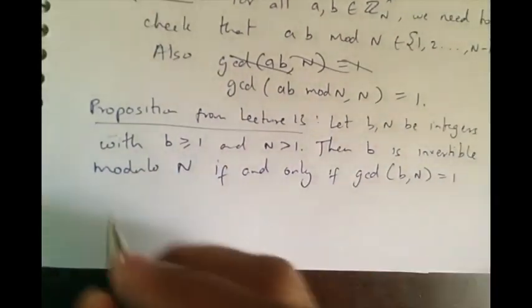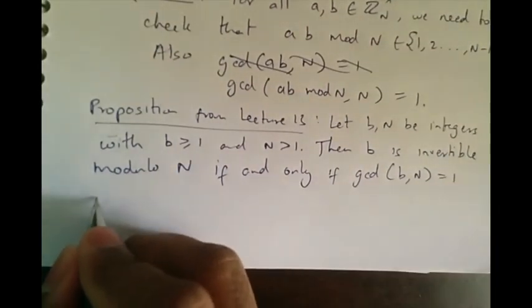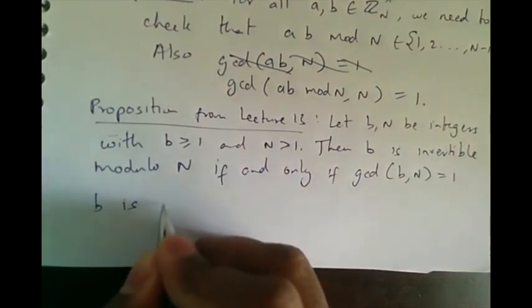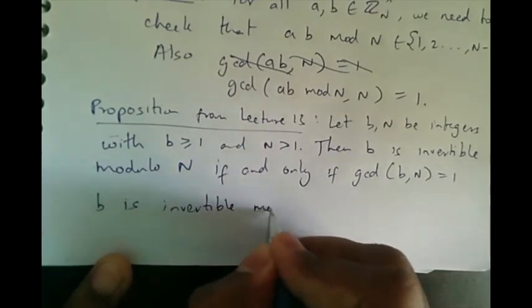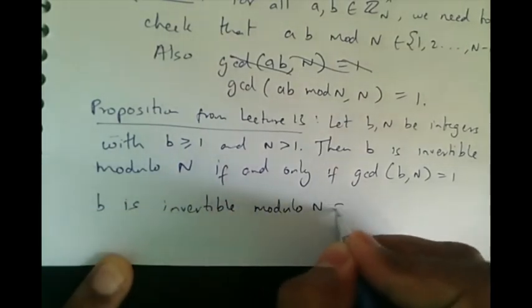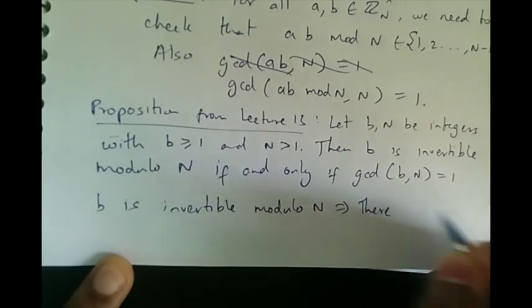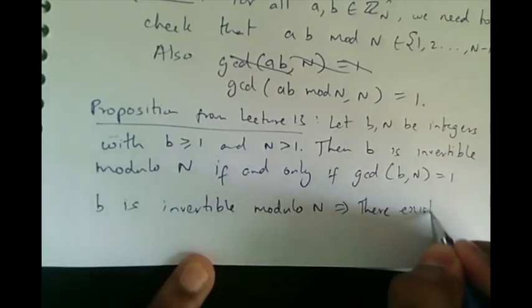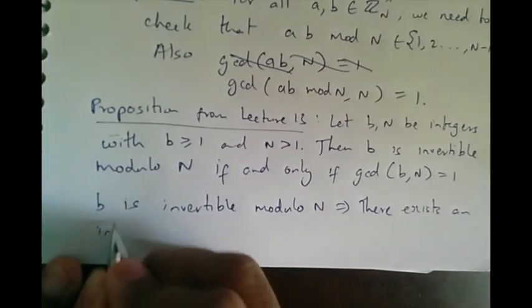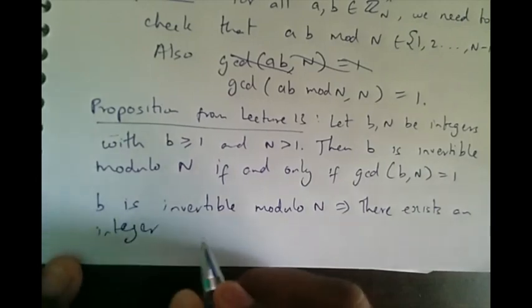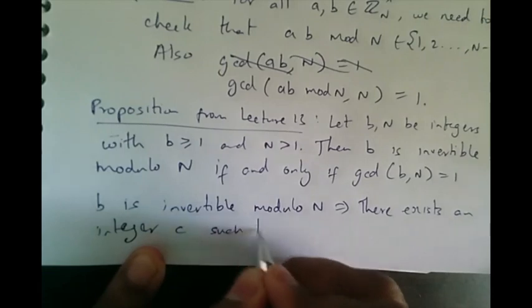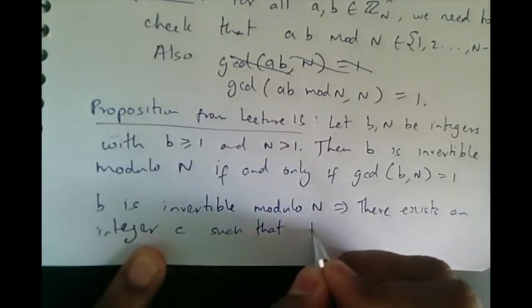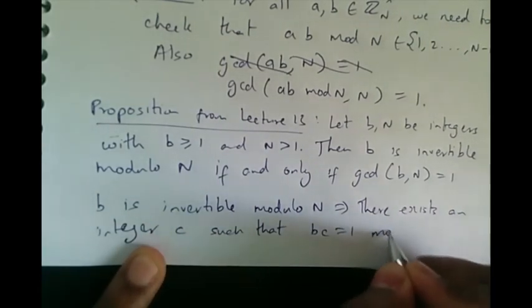So b is invertible implies there exists an integer c such that b times c equals 1 mod n.